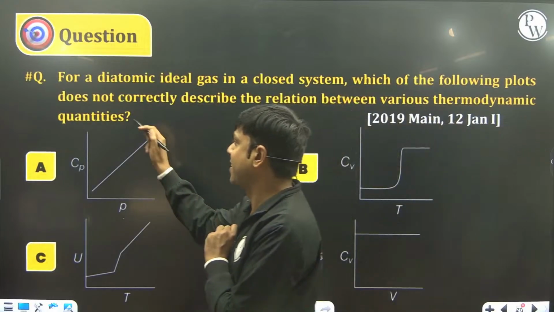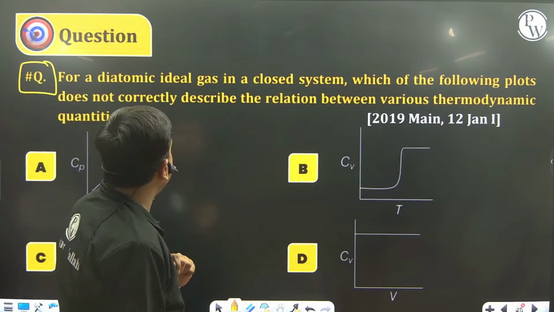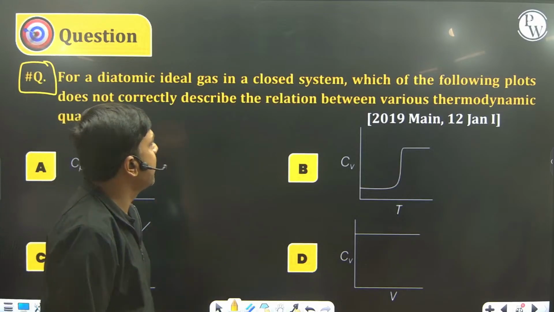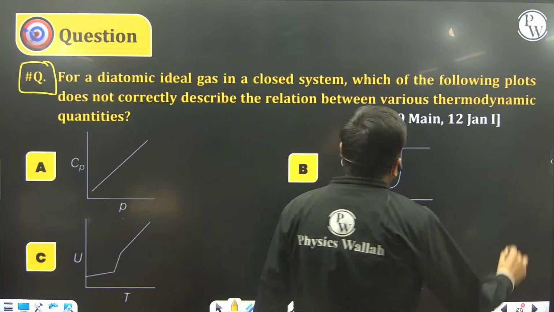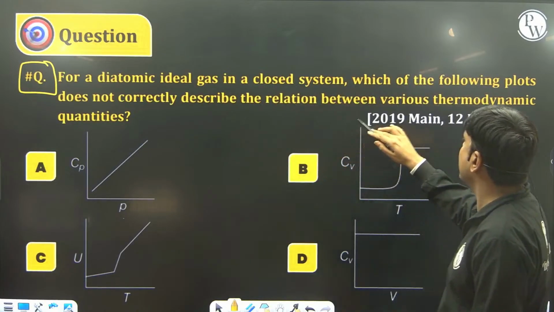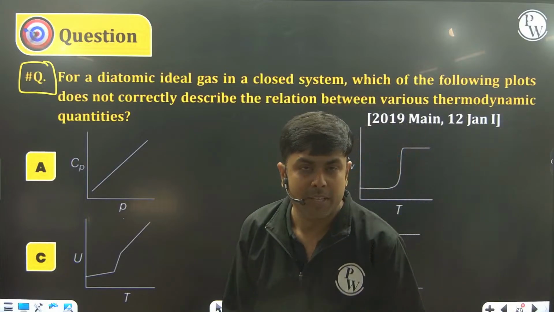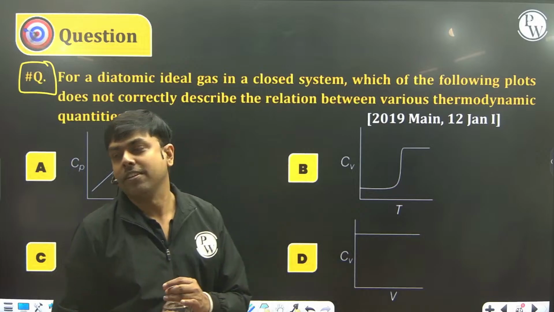The first question is on the screen. For a diatomic ideal gas in a closed system, which of the following plots does not correctly describe the relation between the various thermodynamic quantities? Please try to solve it.